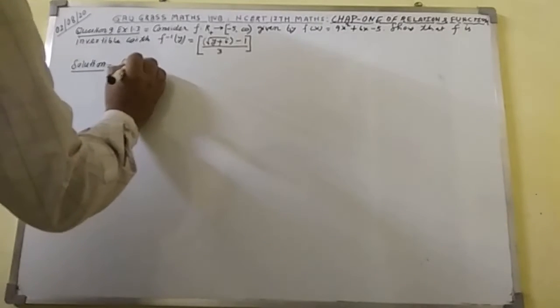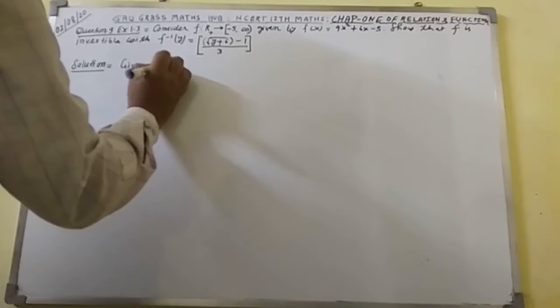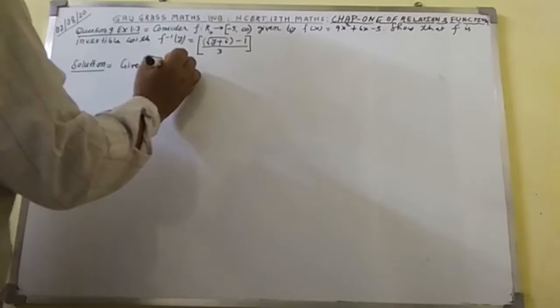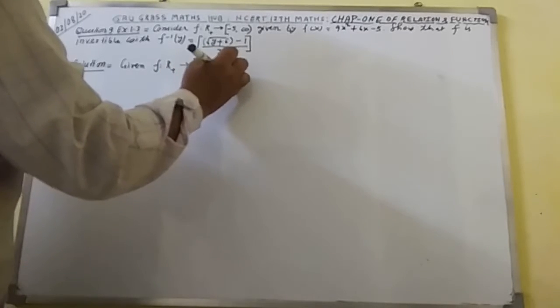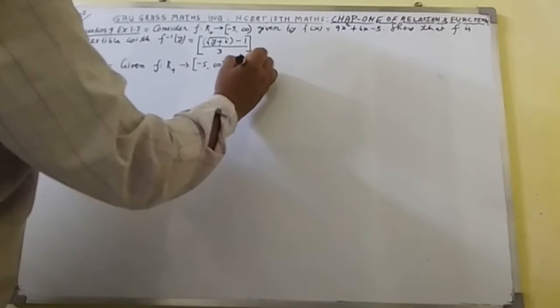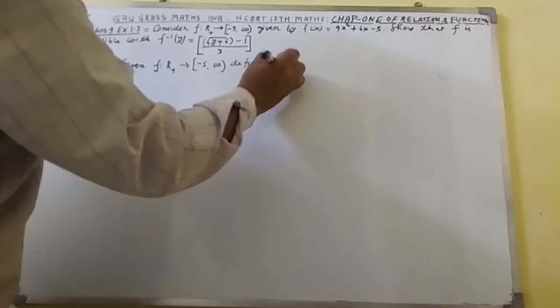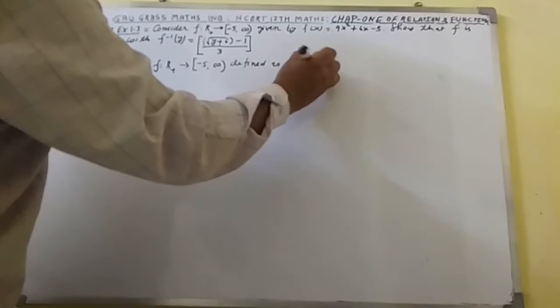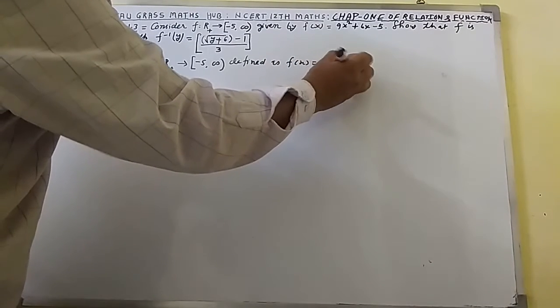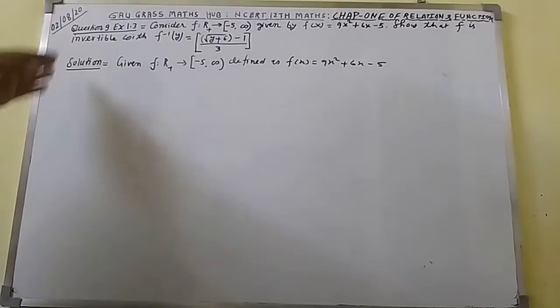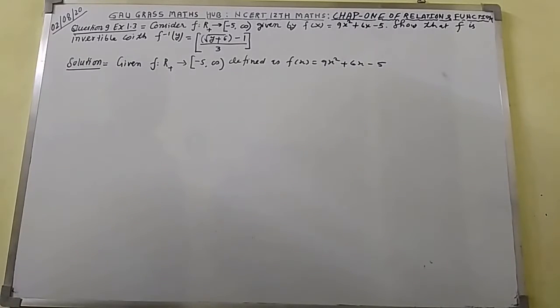Given f is a function from the set of positive real numbers to the closed interval [-5, infinity), defined as f(x) = 9x² + 6x - 5. This function is invertible.